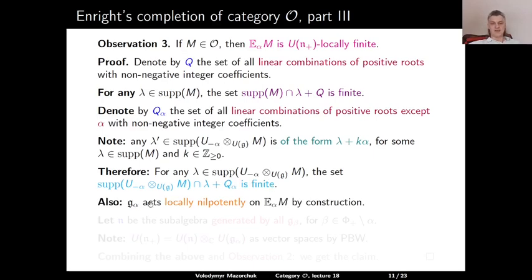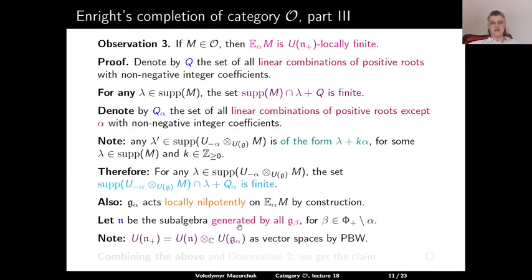Also, by definition, g alpha acts locally finitely on the Enright completion of M. So if we denote by n the subalgebra of n plus generated by all g beta, where beta is a positive root but not alpha, then as a vector space, using the PBW theorem, the algebra U(n plus) can be decomposed as a tensor product of U(n) and U(g alpha).